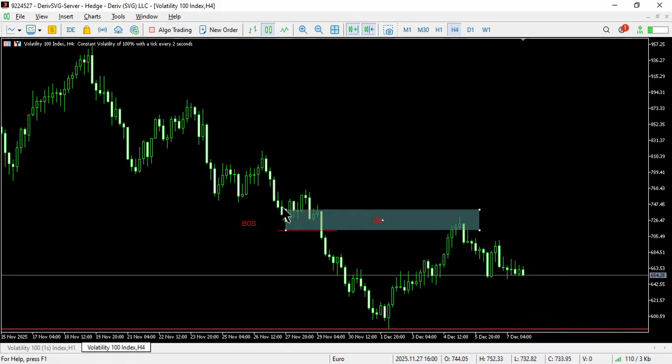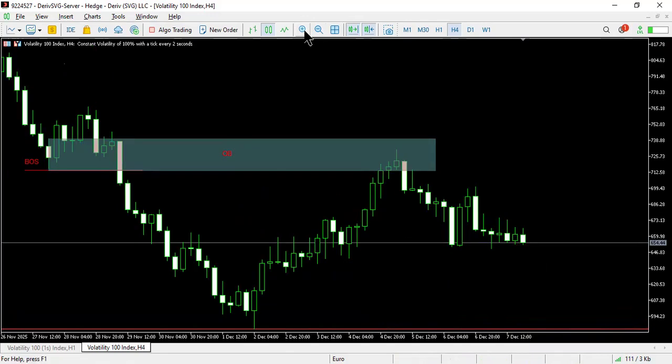So this was a break of structure. And then the order block, which caused the break of structure, price stepped in and we are pushing to the downside.